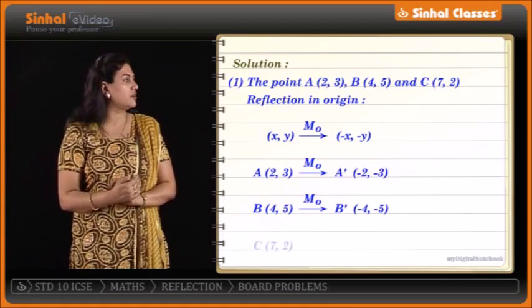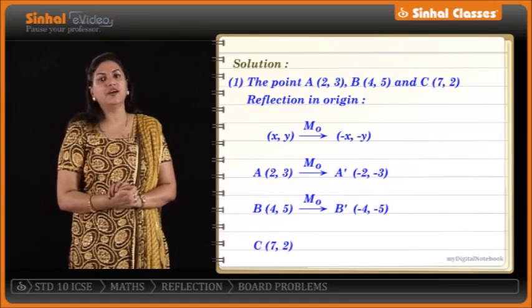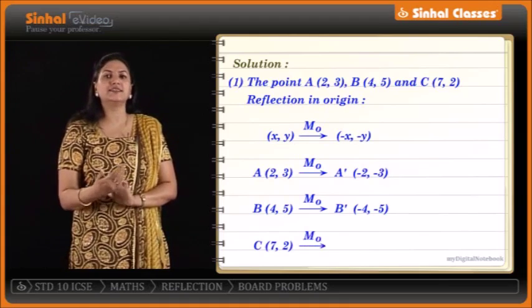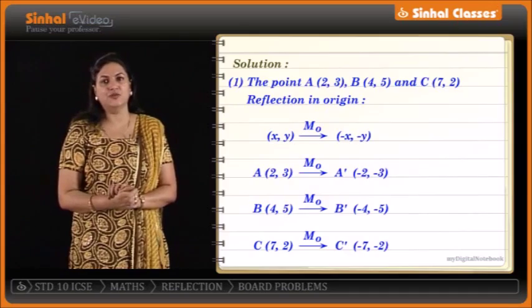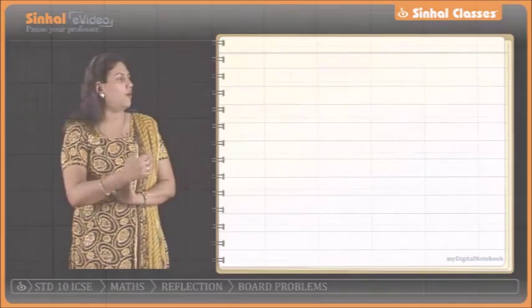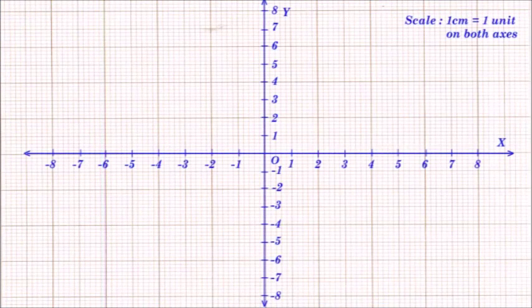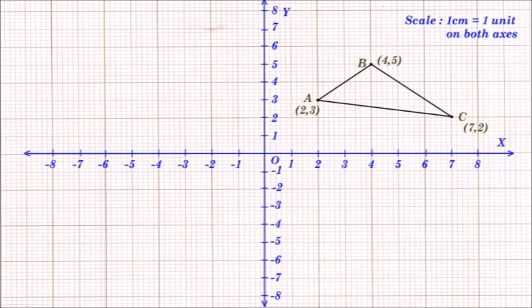And C has coordinates 7, 2, reflect in the origin, C' has coordinates -7, -2. Now we plot this on the graph sheet. First we draw the x-axis, y-axis, mark the points A, B and C. Then we mark the points A', B', C'.